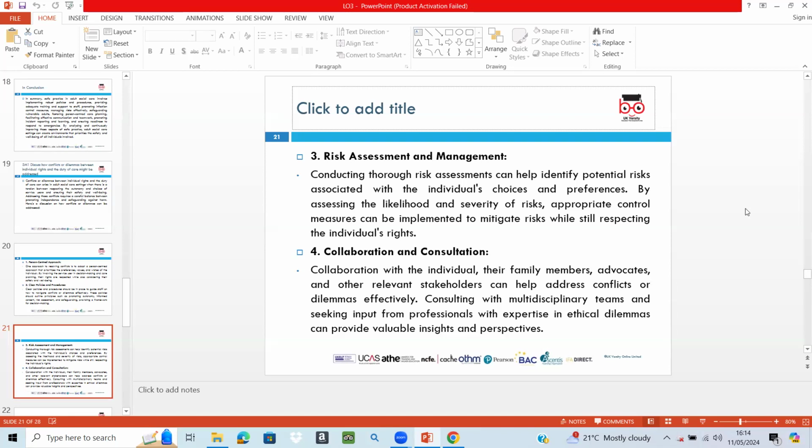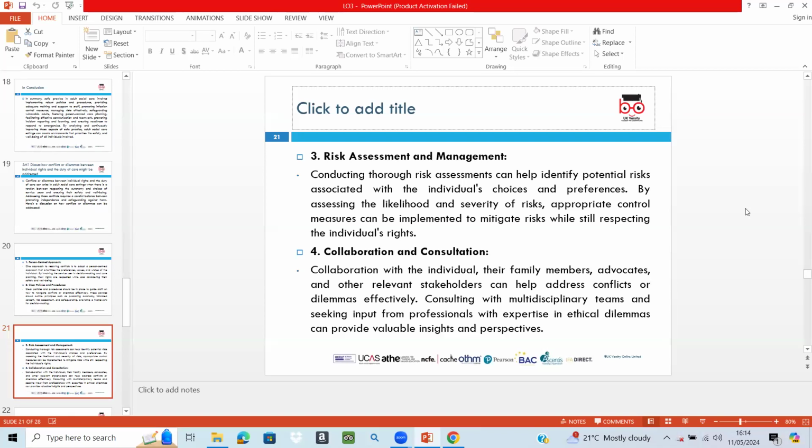Risk management involves evaluating the likelihood and severity of potential risks and implementing control measures to minimize these risks appropriately. By balancing risk consideration with the individual's autonomy, caregivers can help make informed decisions that prioritize safety without compromising the person's independence.